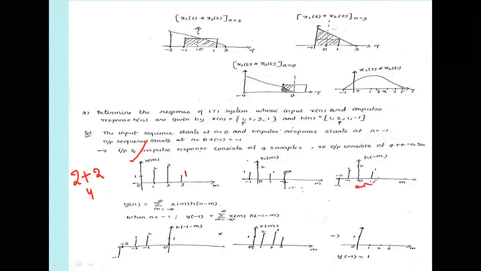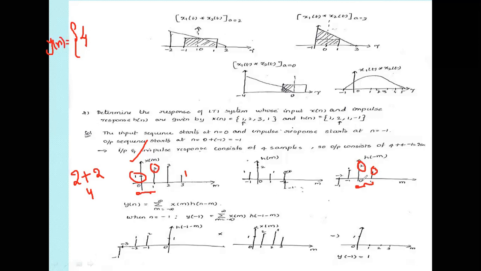Because only these two functions are overlapping, you can multiply the magnitudes. 1 into 2 here, 1 into 2, here the 1 and 1 into 2, here the 2, here the 1. 2 into 2. So 2 plus 2 is a 4. Keep that as a 4. Okay, my students. That is for y of n. One value you got, the 4.